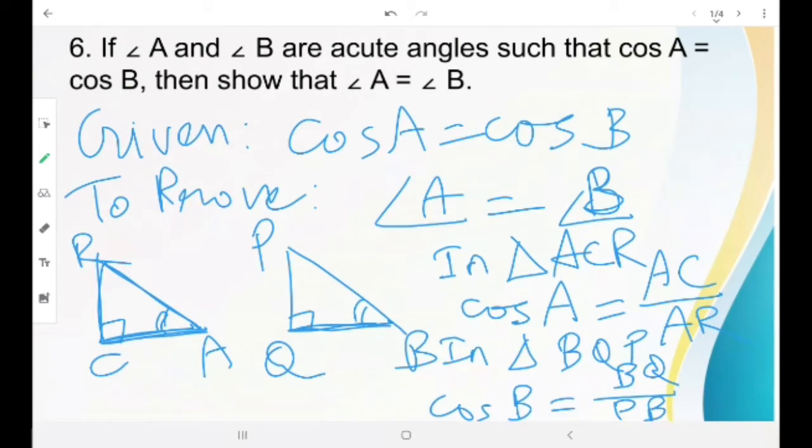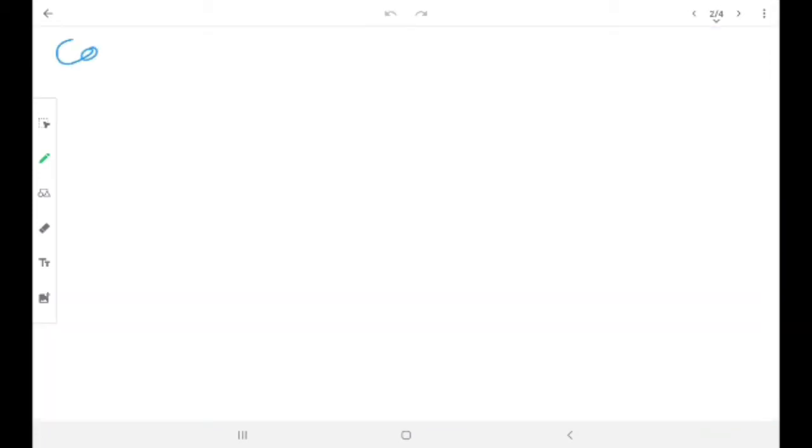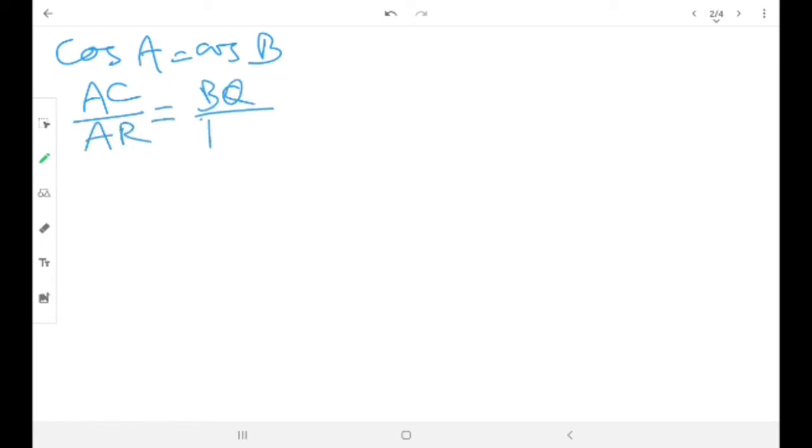Here it is given that cos A is equal to cos B. Therefore both the equations are equal, and we can equate AC by AR is equal to BQ by PB.